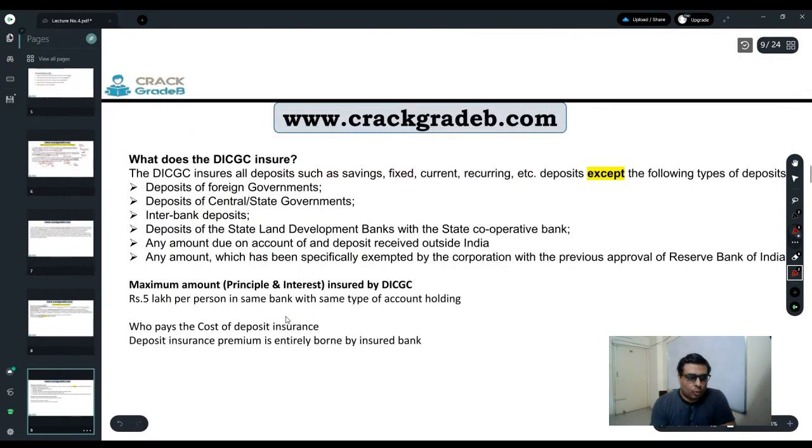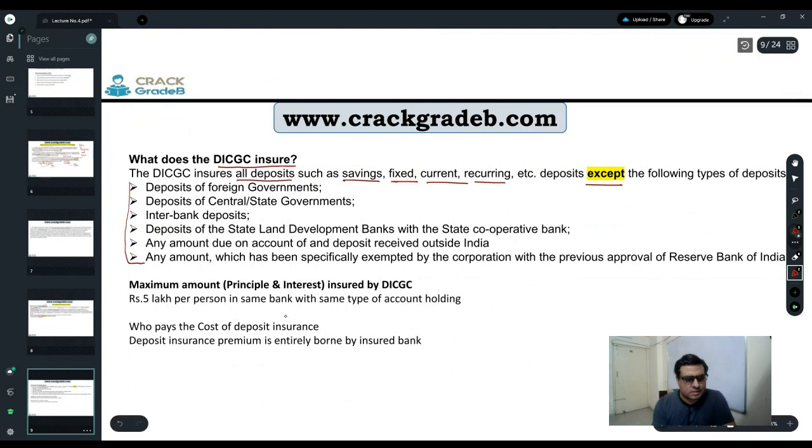So what does DICGC insure? All deposits, whether it is savings, fixed, current, recurring, all these deposits are insured by DICGC, except a few deposits, right?